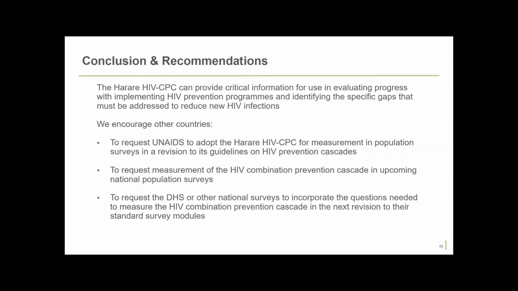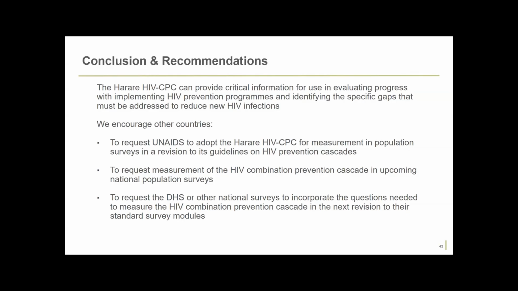So in conclusion, HIV combination prevention cascades can provide critical information for evaluating our progress as we implement HIV prevention programs and find gaps. We also encourage other countries to adopt these cascades using surveys and guidelines.